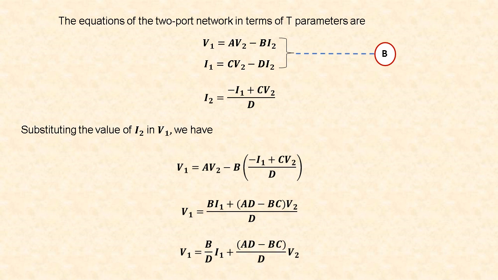Now, from the I1 equation, we can find I2 as minus I1 plus C into V2 divided by D. Now, substituting this value of I2 in V1, we have A into V2 minus B into (minus I1 plus C into V2) by D. Here rearranging, we have V1 is equal to B by D into I1 plus (AD minus BC) divided by D into V2.